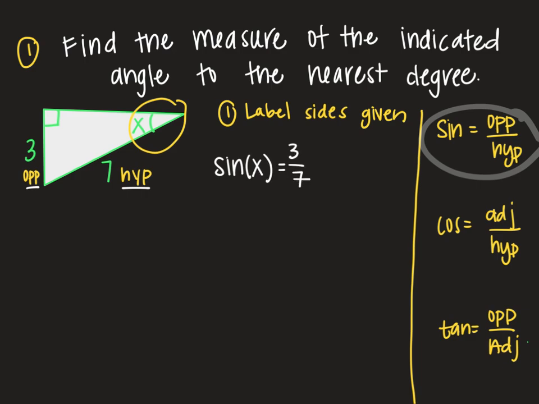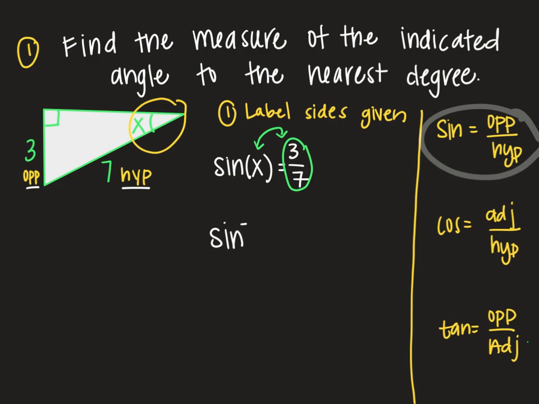What I'm trying to do is find the measure of x, so I'm going to use what's called an inverse trig function. I have to switch whatever my fraction is here with my x. So I'm flopping those two, and that makes it an inverse function.